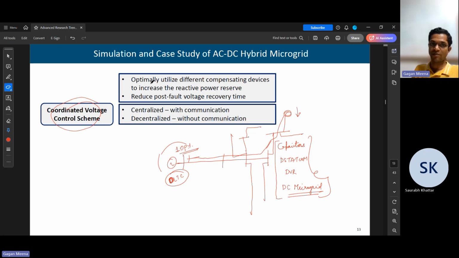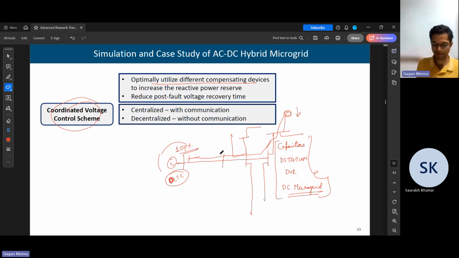So here the aim is to optimally utilize different compensating devices. These are different reactive power compensating devices. And the objective is to optimally utilize these and to increase the overall reactive power reserve.